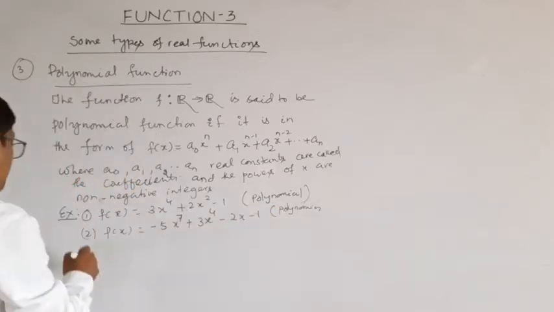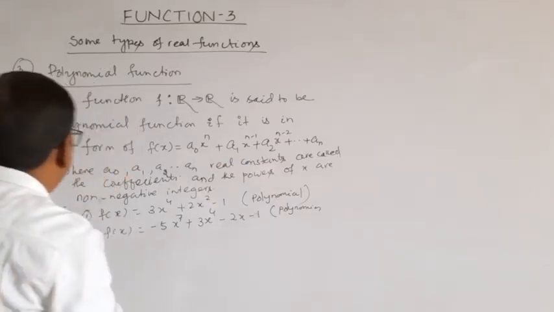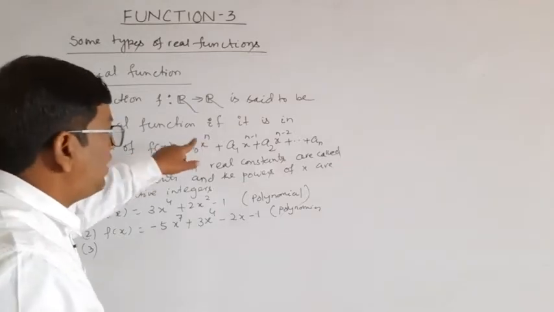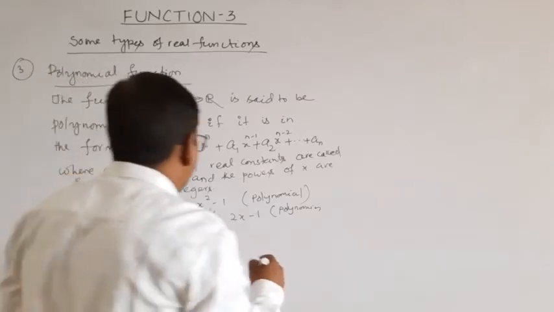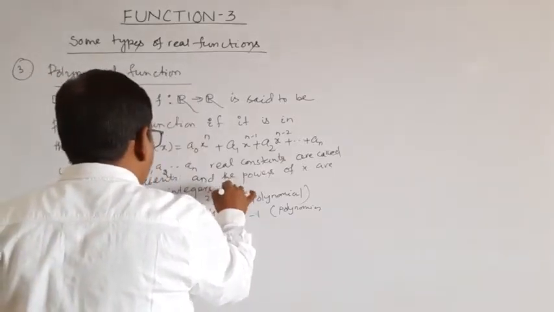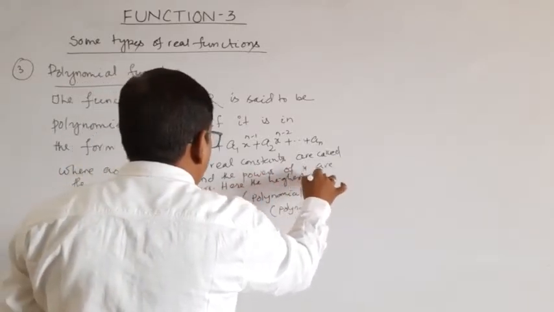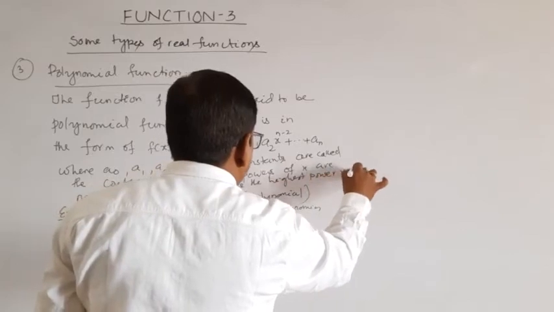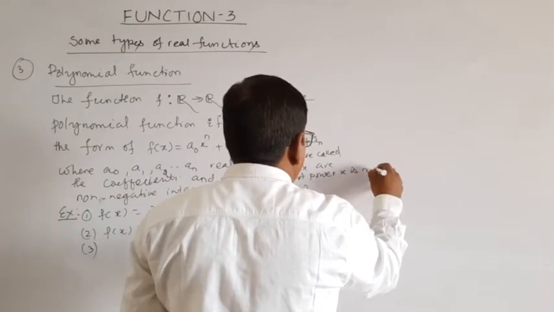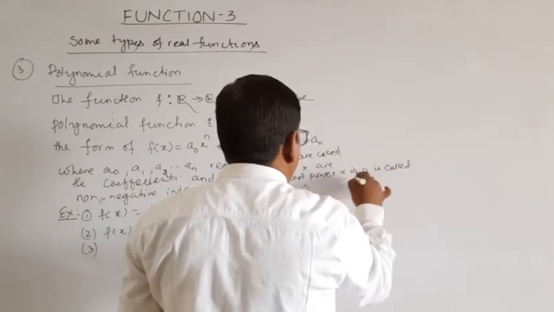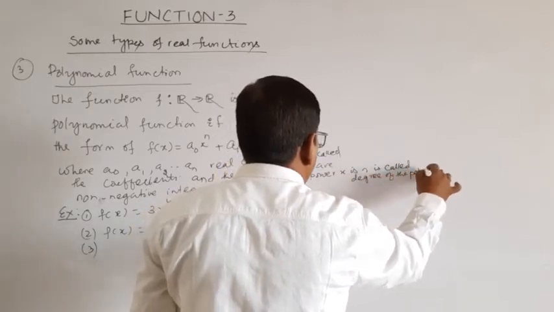Number 3, and one thing to remember here, where n is the highest power. The highest power of x is called the degree of the polynomial. Here n is called the degree of the polynomial.